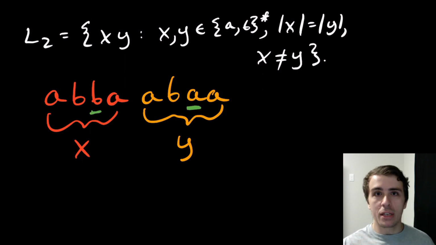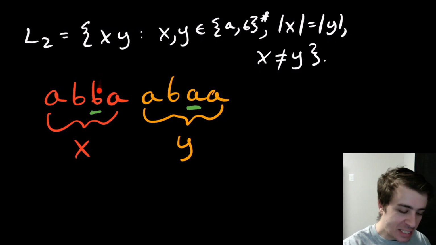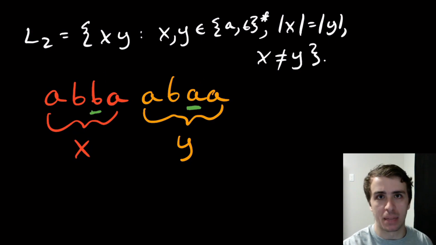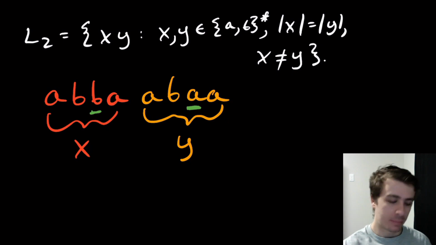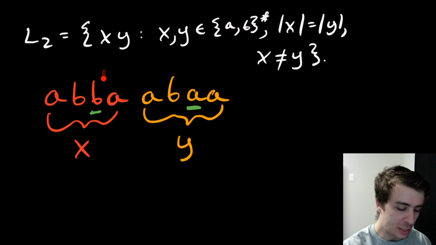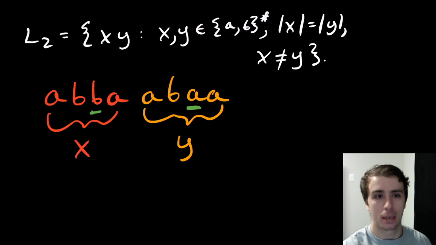So the important thing to realize here is that they differ in at least one place, and that one place is the exact same index in both halves. That's a necessary and sufficient condition for two strings to be different. So this is the third character in this half, and this is the third character in this half, okay?